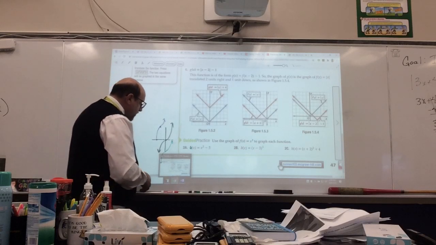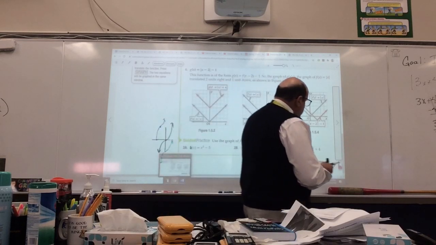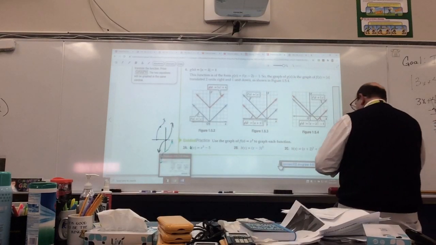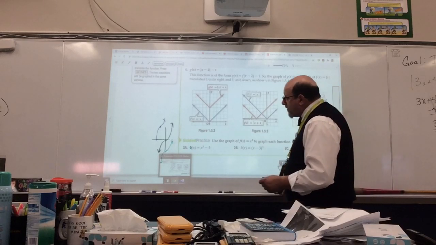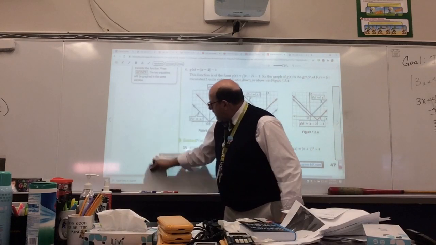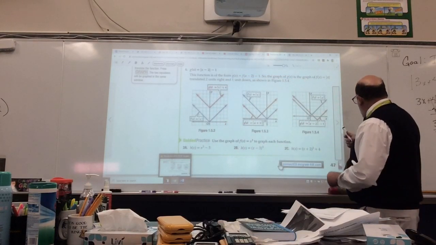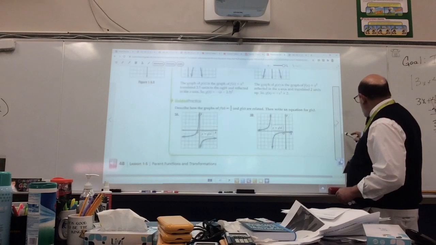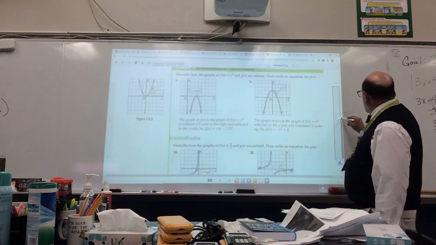I think the last thing we need to talk about in terms of transformations of these functions is something a little goofy, a little different, something you haven't seen on a regular basis, but I need to jump to it. It's on the next page. There it is.